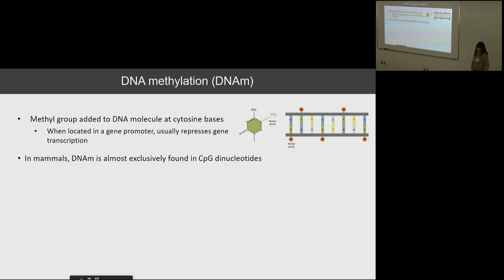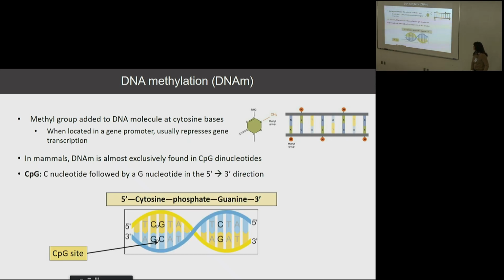In mammals, this is almost exclusively found in what's called a CpG dinucleotide, or a CpG site. This is formally when a C nucleotide is followed by a G nucleotide in the 5' to 3' direction. We read DNA from the 5' to 3' direction, which is determined by the phosphate backbone.